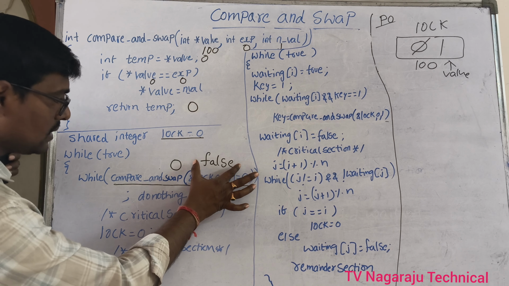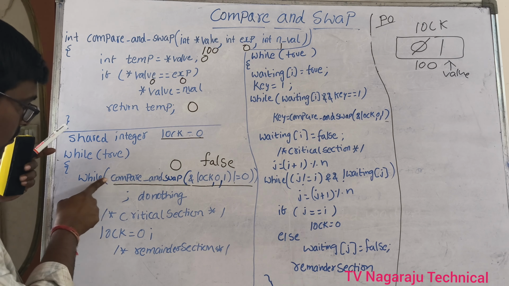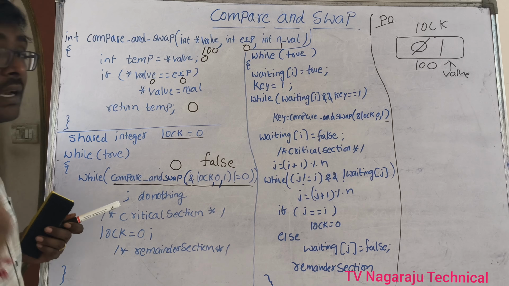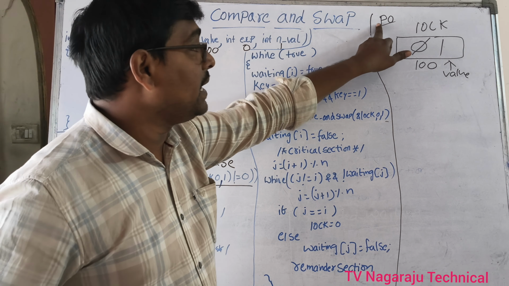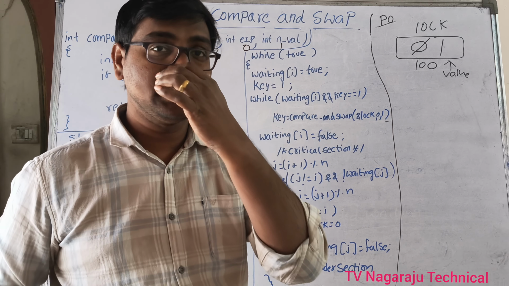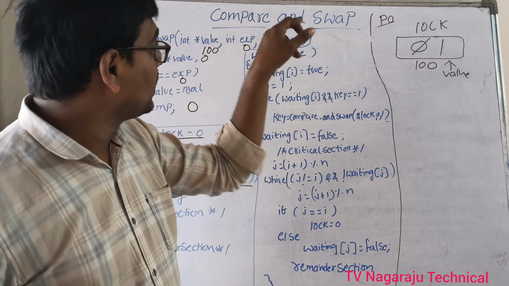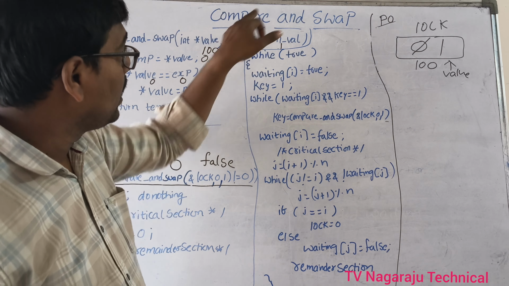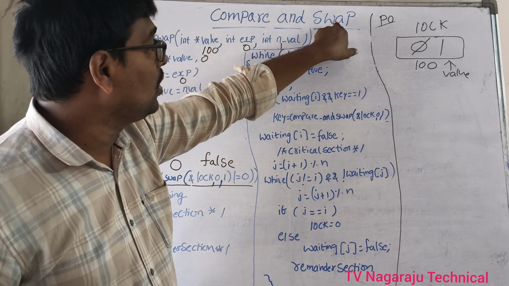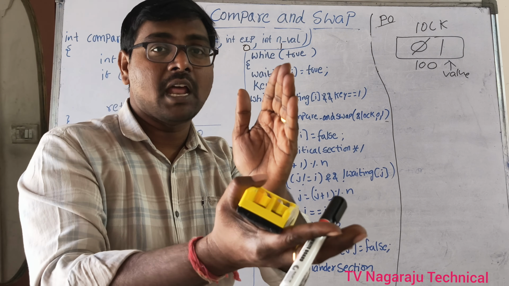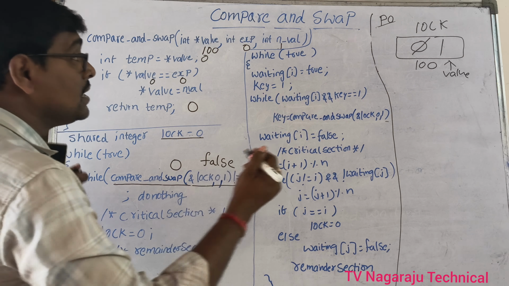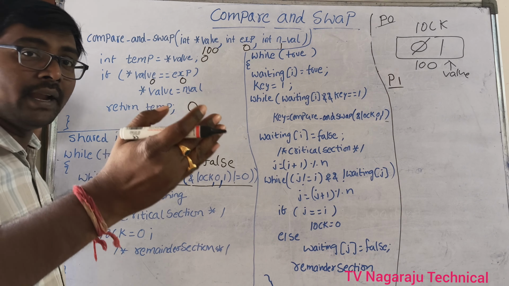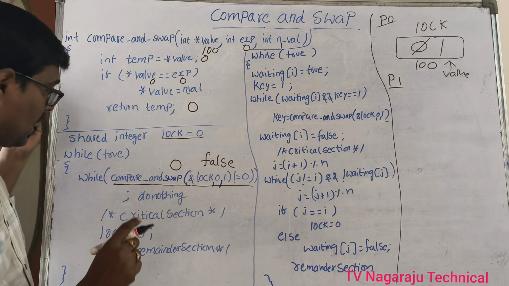Whenever the condition is false, we enter into the critical section. That means process P0 enters into the critical section. Clear? That means I compare the lock variable, and if it is 0, lock is swapped with the value 1. Okay, clear.